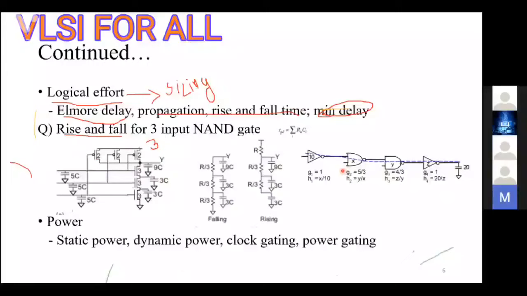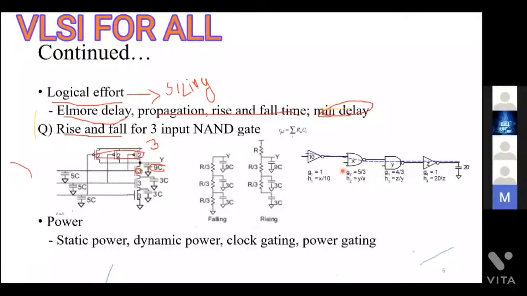And I think you are aware of this sizing. Here the capacitance 9C corresponds to the diffusion capacitance, and it is obtained by addition of 3C and 2 into 3.